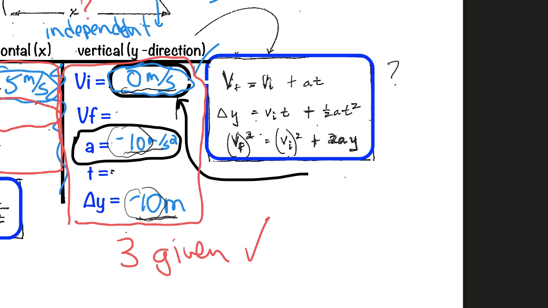So which formula has VI, A, and has T in it? The one that's jumping off the page for me is number 2, because it has a delta y, it has a VI, and it has the ability to solve for T. But I wonder if some of you are going, but that's complicated because there's a T here, there's a T here. We're going to see that it's not that bad.